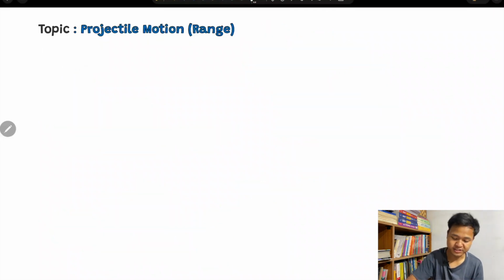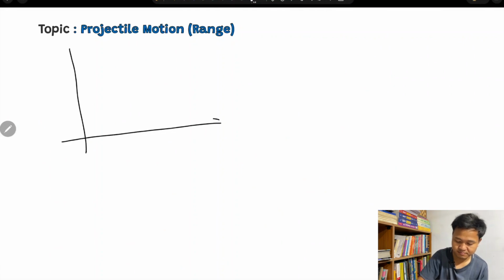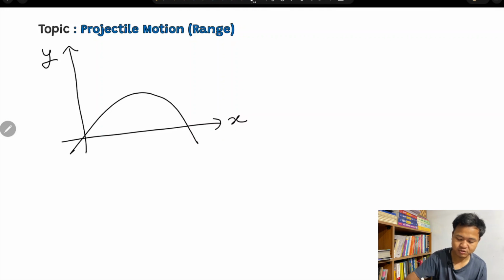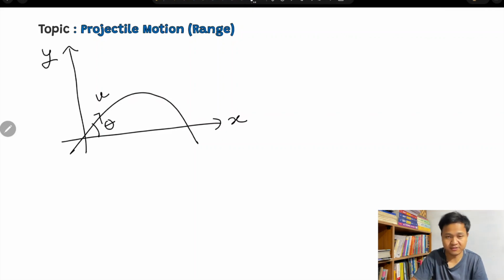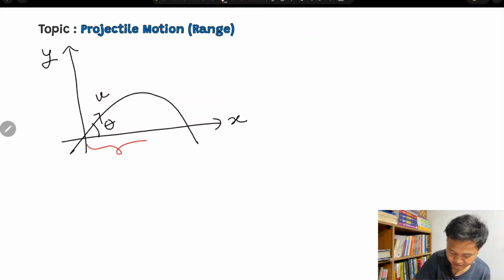Okay, then you have range. So what is range? Range is nothing but the horizontal distance covered by the projectile. If it goes at some angle theta, the distance covered along x, from here to here, is your range.